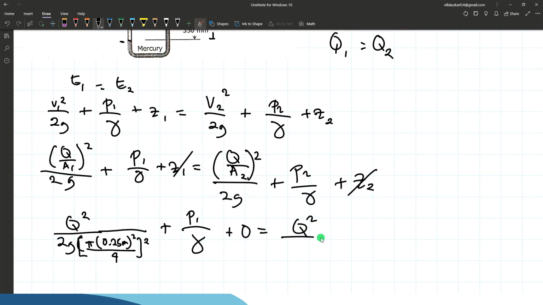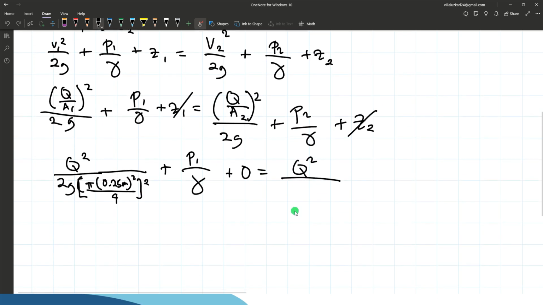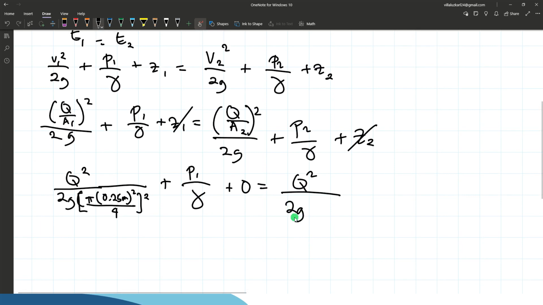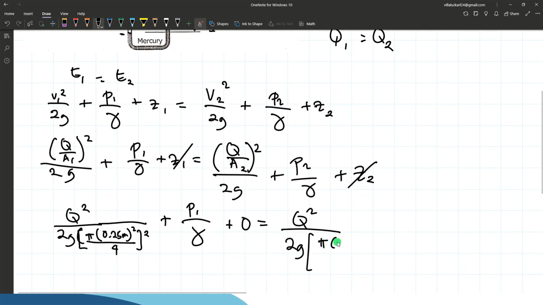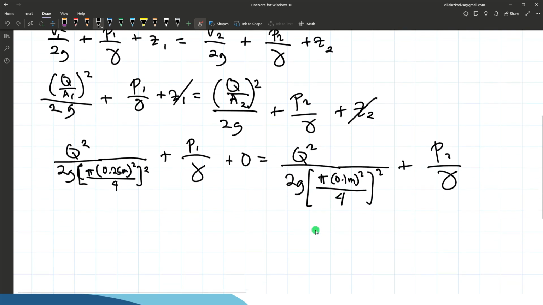For point 2 we have Q squared over 2g and the area at the 100 mm orifice, pi times 0.1 squared over 4, raised again to 2, plus P2 over gamma.